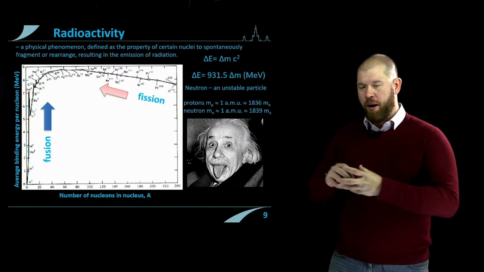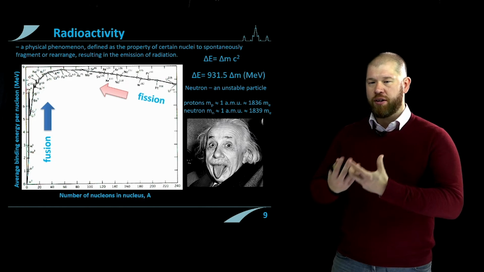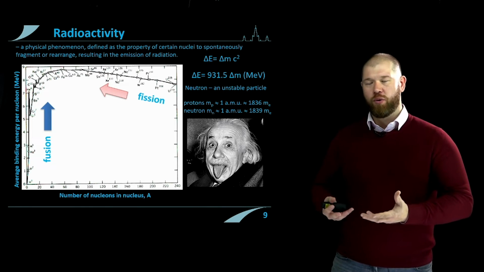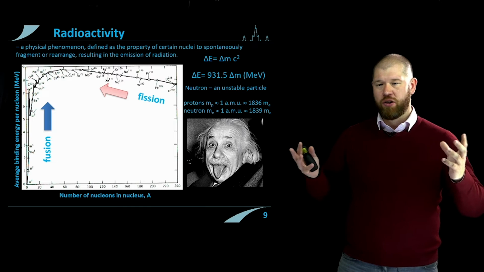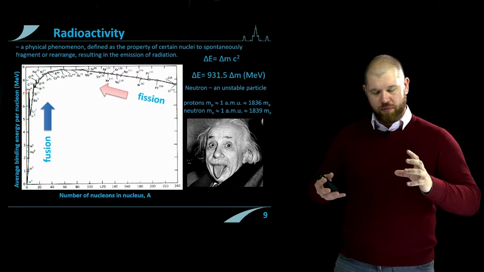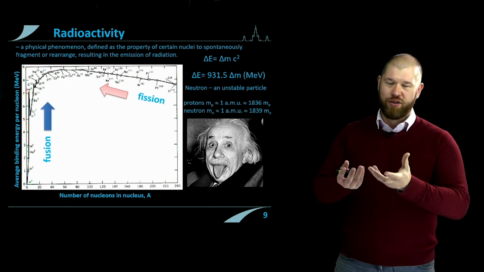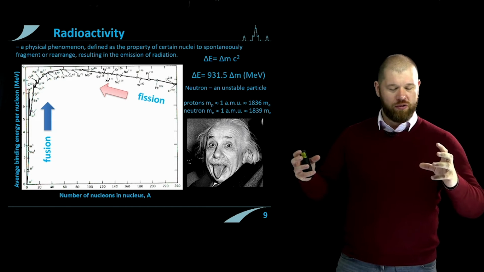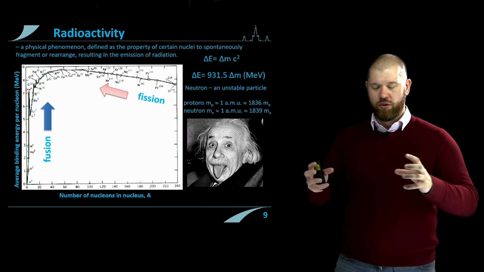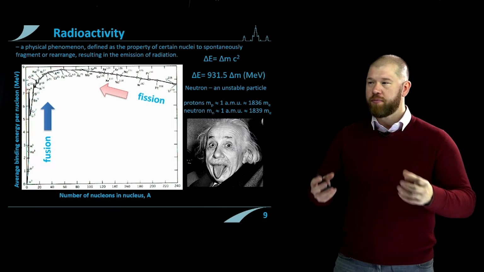And this process, of course, requires some additional energy from outside, but this energy is required because nuclei have a positive charge, and when we try to make them very close to each other, we have these repulsion forces.